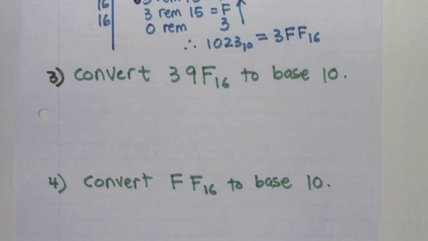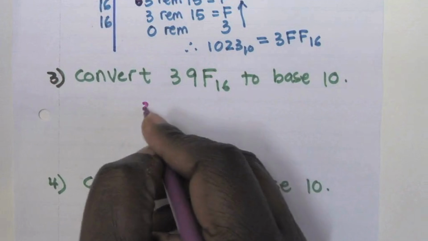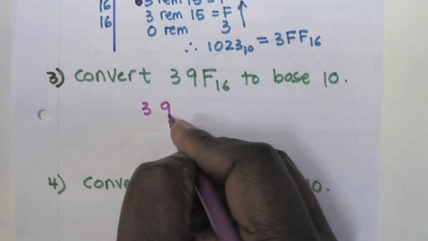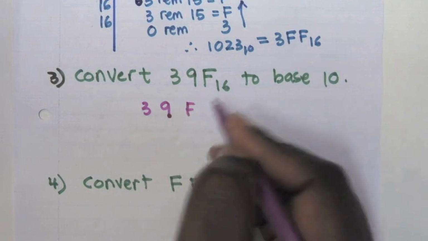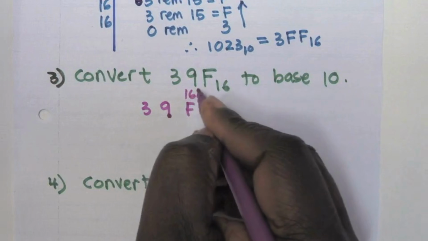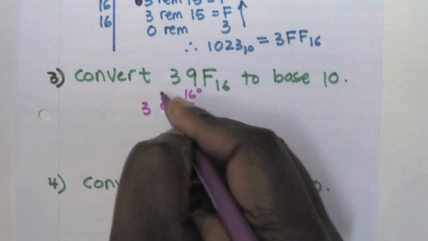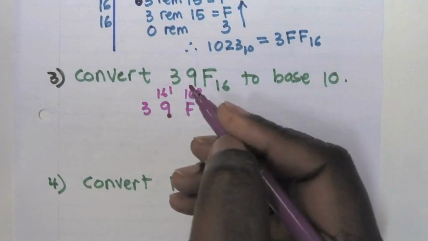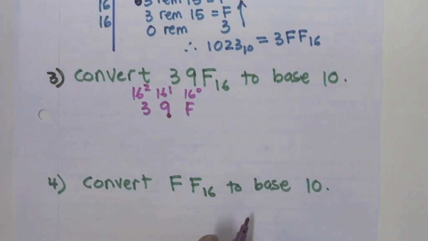In number 3, we want to convert a number that is in base 16 to base 10. So we begin by writing the place value system. But let me put up the number first. It's 3, 9, F. And this part here is going to be 16 to the power of 0. And then this part here is going to be 16 to the power of 1. And then this part here is going to be 16 to the power of 2.